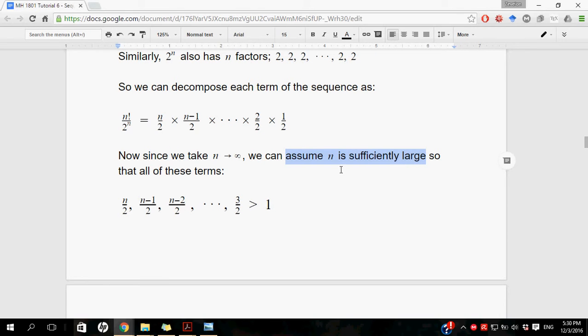You can just take n to be a really large natural number, and certainly at some point you would have picked a number n such that n is greater than 2, and therefore even dividing by 2 would still give us a number that is greater than 1. And if n is really large, then we can also guarantee that numbers all the way until 3 over 2 will be greater than 1.